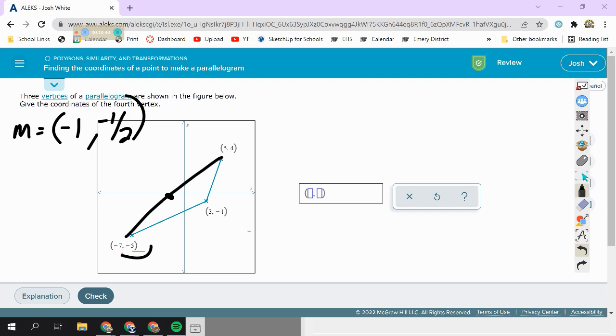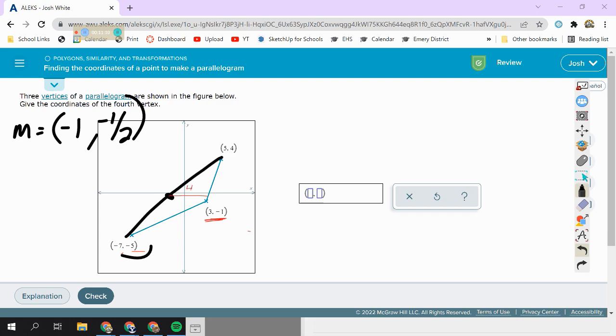What does that tell me? How does that help? Well, how do I get to this point from here? How far to the right do I have to go? 4.